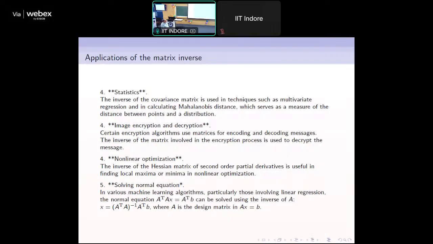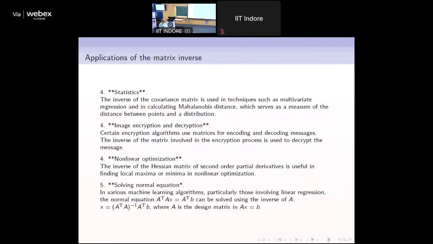A transpose is used for this multiplication, and in case A transpose A is full rank matrix, then we can use usual matrix inverse and obtain solution of this system.